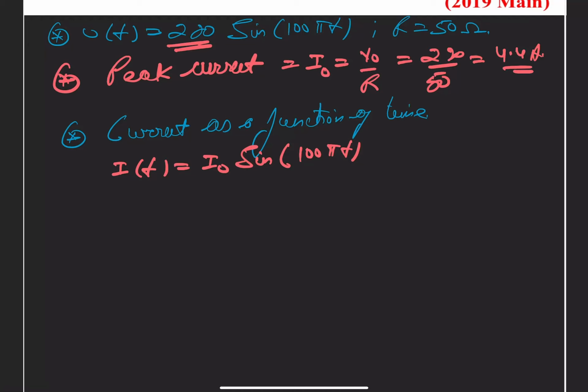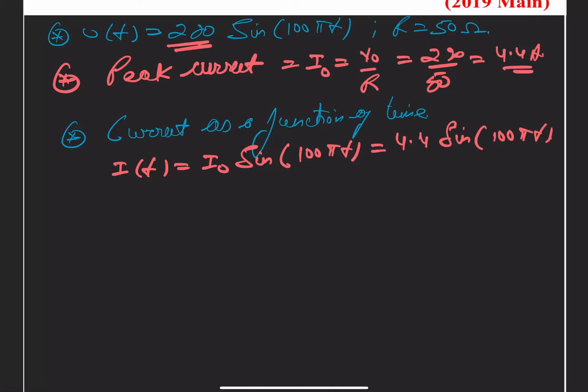As it is a purely resistive load, there will be no phase difference between the voltage and the current. We substitute the value of I naught, which we found as 4.4, so this becomes 4.4 sine of 100 pi t.